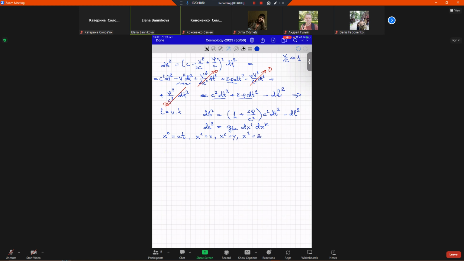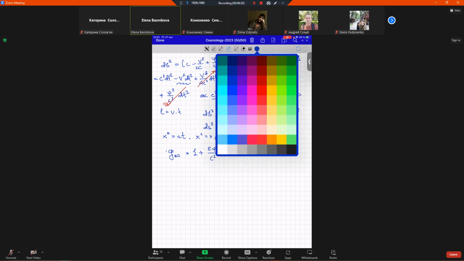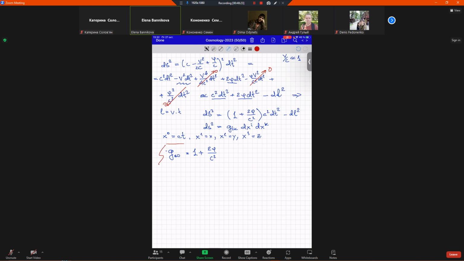So I can see that this 1 plus 2 phi divided by c square is the 0 component of the metric tensor. This is a very important thing which we obtain: the expression for the 0 component of the metric tensor through the Newtonian gravitational potential, in the limiting case when we pass to non-relativistic mechanics.